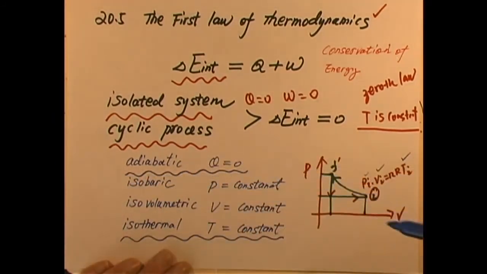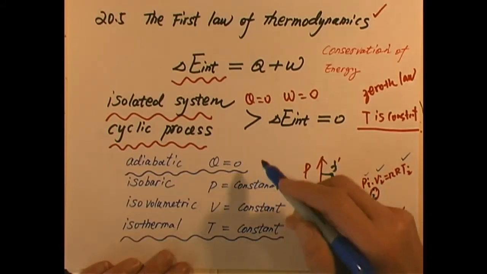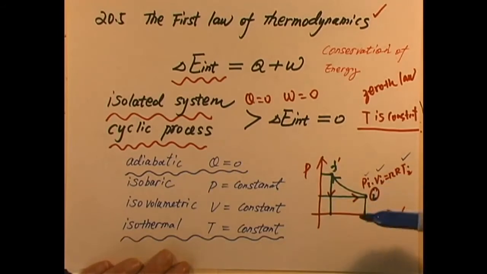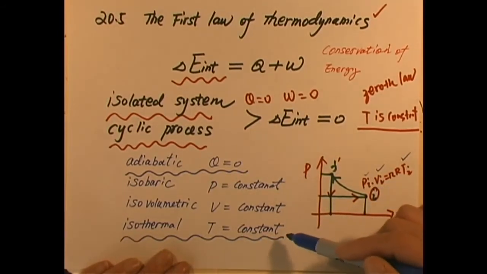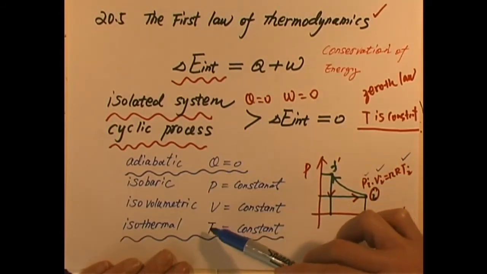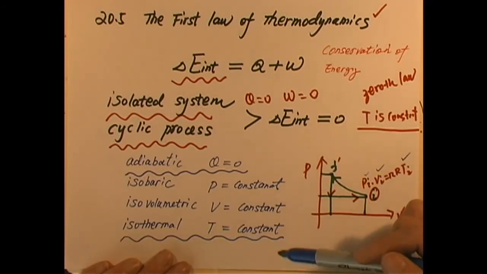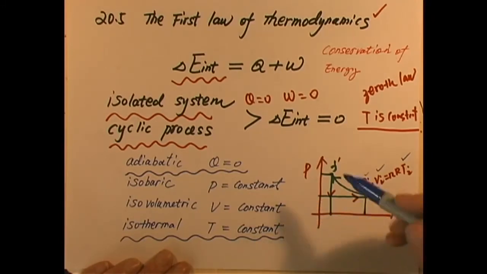That means we do it so fast, there's no heat flow out of the system, no heat flow in. Adiabatic means Q equals 0. So for the curve part, it could be either adiabatic or isothermal. In order to do isothermal, if you want to have a constant temperature, we have to submerge that container into, let's say, an ice-water mixture, something like that, to maintain temperature.